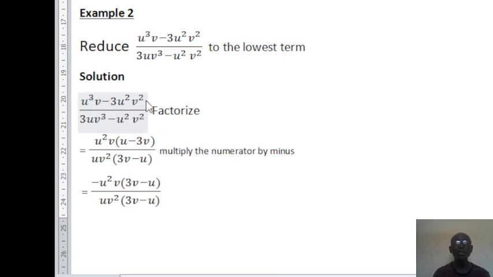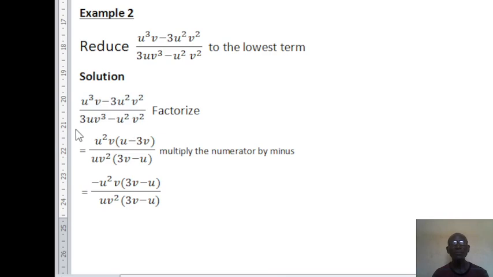So you look out for the common terms here. You see u here is 3 of the u's, because we said u raised to the power of 3. It's common there, and it's also common here. So you bring out u and your v, leaving you with u square v, then in the bracket u minus 3v square.